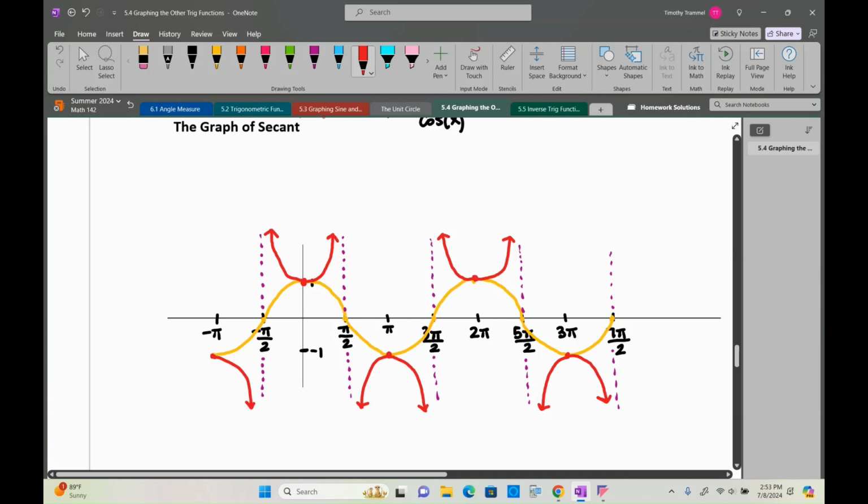There we go. So the red you're looking at there is our graph for secant. I'm going to say y equals secant of x.